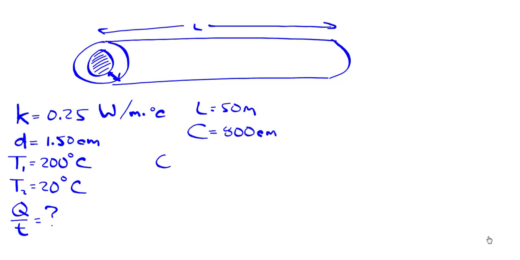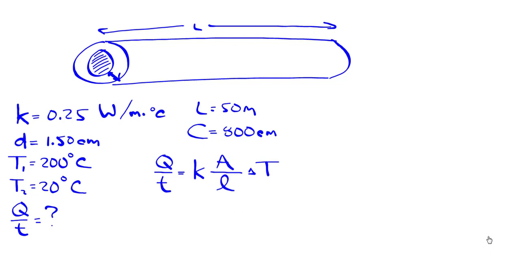Now the formula we're going to use is the standard formula. The heat transfer rate depends on the thermal conductivity, the area through which the heat's going to flow, the length, in other words, the distance that it flows through, and that change in temperature.